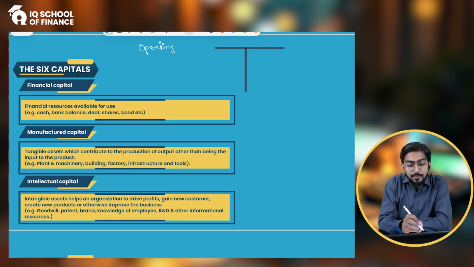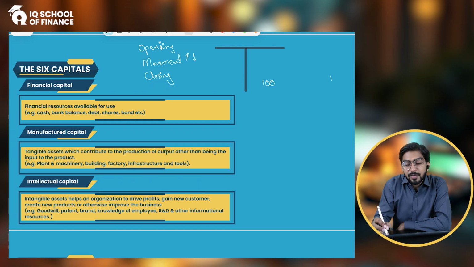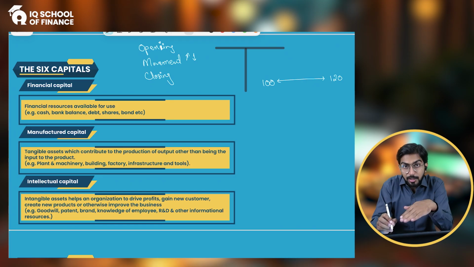Opening balances, movement in the opening balances, that means either they increase or they decrease, all right? And the closing balance. So you actually reconcile that, at the start of the year maybe your financial capital was 100, and at the end of the year it rose to 120. So from 100 to 120, that's the journey which your company made.